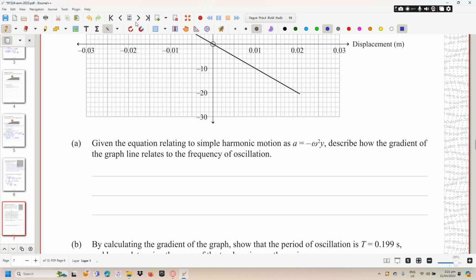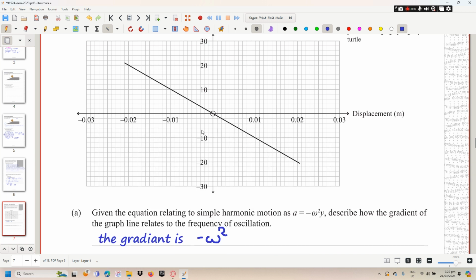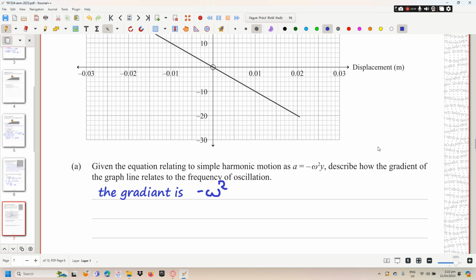So, the gradient is negative w squared. If you've ever learned linear graphs, you should have done in year 10 or year 11, whenever you have a variable equals some scalar times another variable, you'll always get a linear relationship. In this case, there's no shift, so it's going to go to the origin.